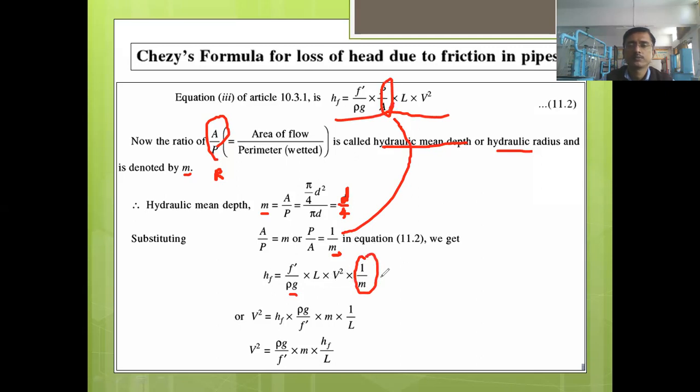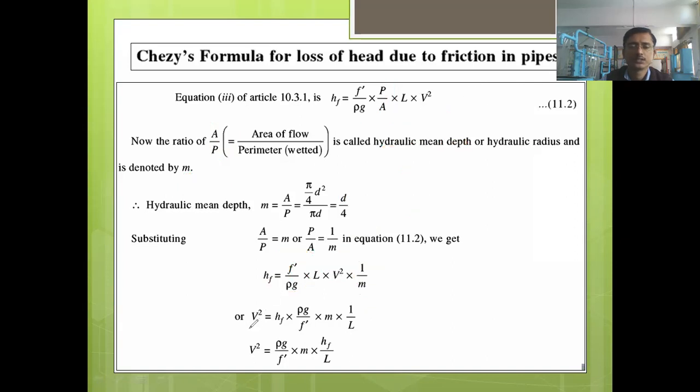Now I am rearranging this equation. Take this v square on the left hand side and keep all other terms on the other side. Then you will get v square is equal to hf. This rho g will go in the numerator, this f dash will go in the denominator, and this m will go in the numerator.